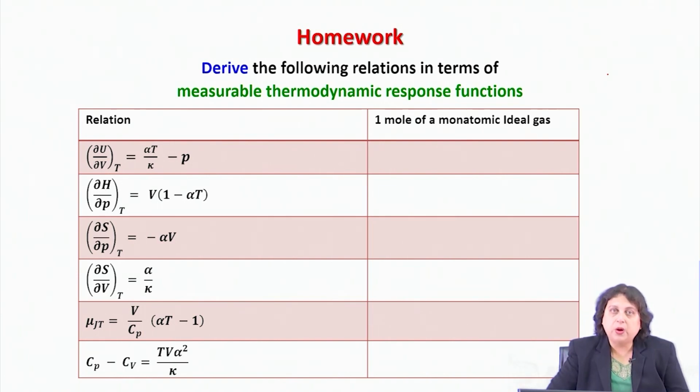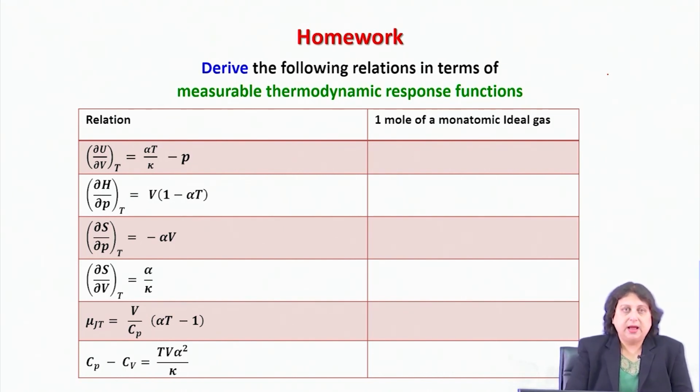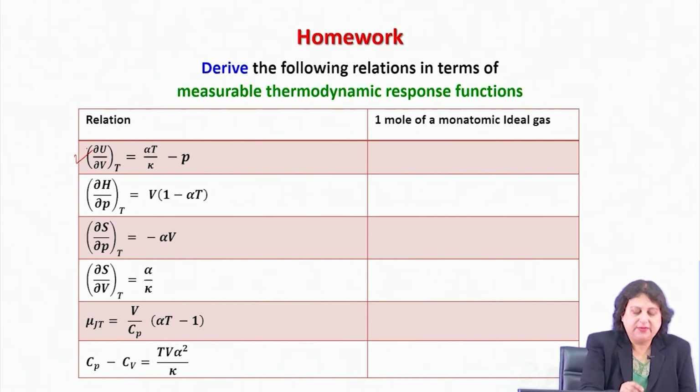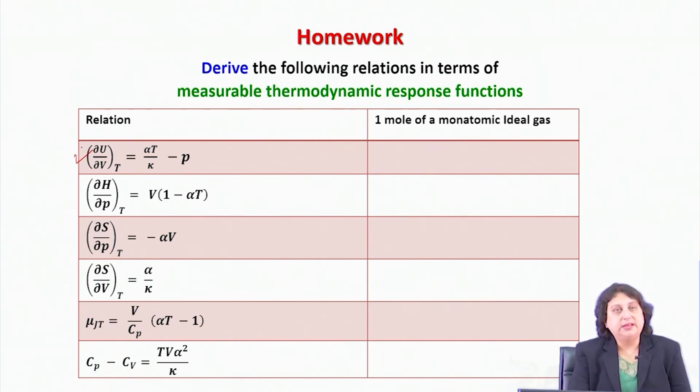If I ask what is going to be the change in internal energy under isothermal condition for 1 mole of a monatomic ideal gas, then I am essentially asking for the value of del U del V at constant T, which is nothing but the internal pressure of the ideal gas.